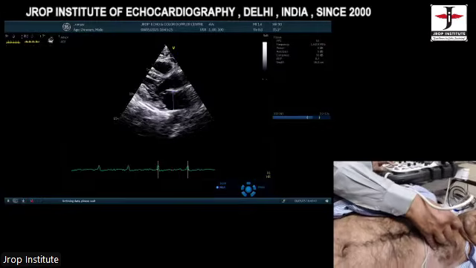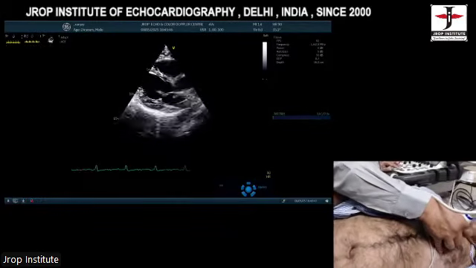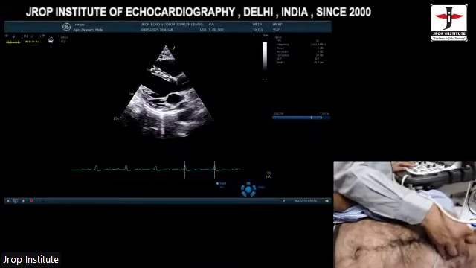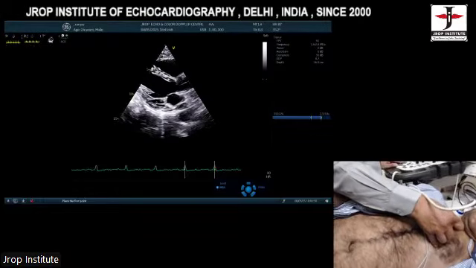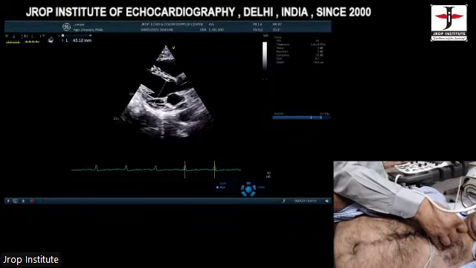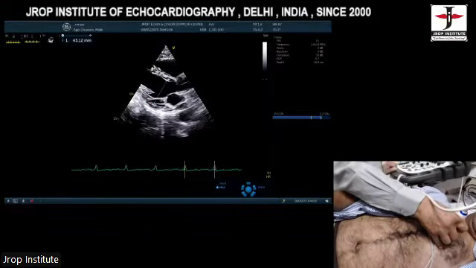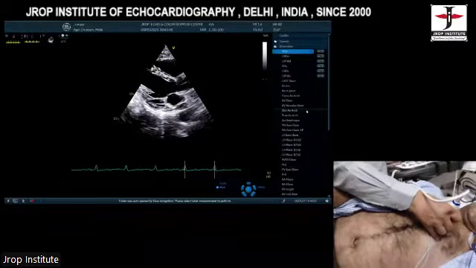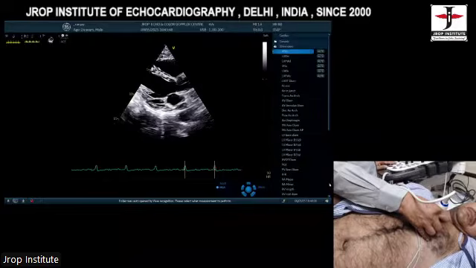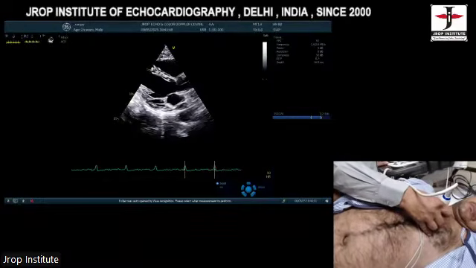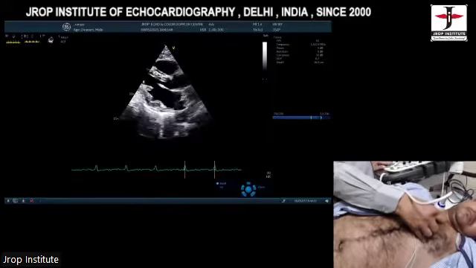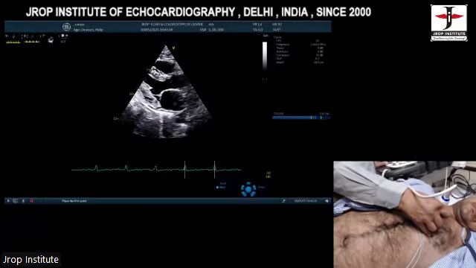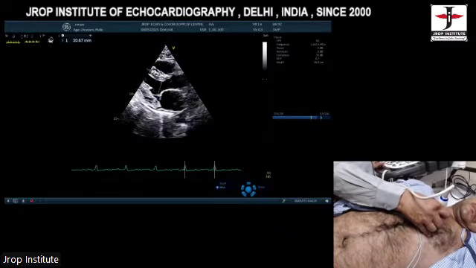Similarly, if I have to measure my LV cavity, I'll go to the end diastole or beginning of systole and then I'll look at my end diastolic LV dimensions. 43 divided by body surface area. Similarly, if I have to measure this, I'll have to go to end systole. So this is my end systole dimension. That was 43 and this has almost reduced to 30.